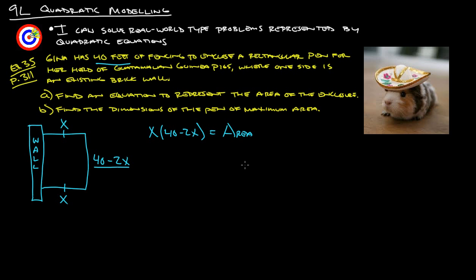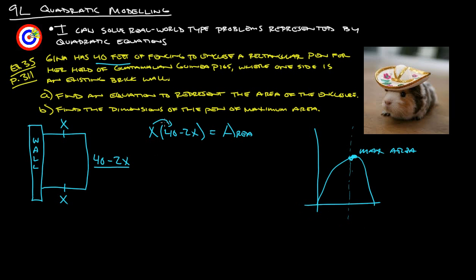To maximize this, the graph of this area is going to look something like this, where this here is the maximum area, right down the axis of symmetry.